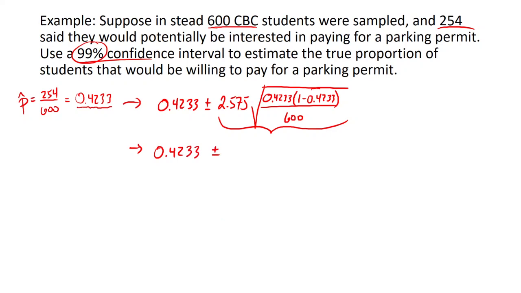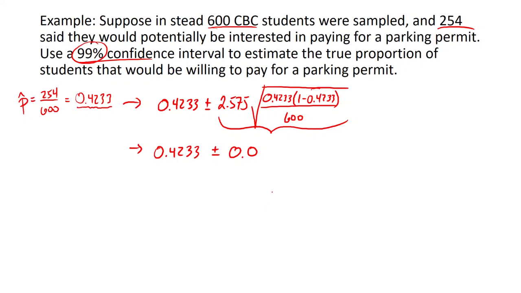So it's all that junk together. 0.0 something. 0.0519.